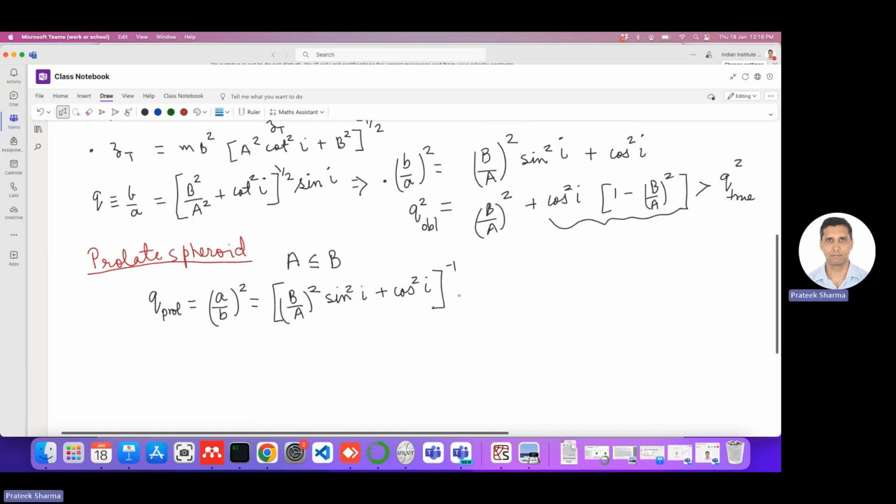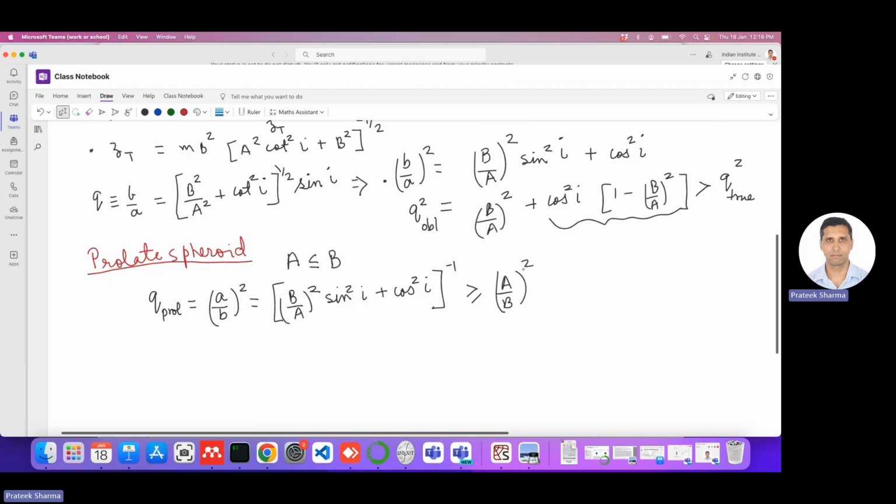So this thing will also be greater than or equal to A by B squared, right? Even in this case, the apparent major axis will be smaller than the true major axis.